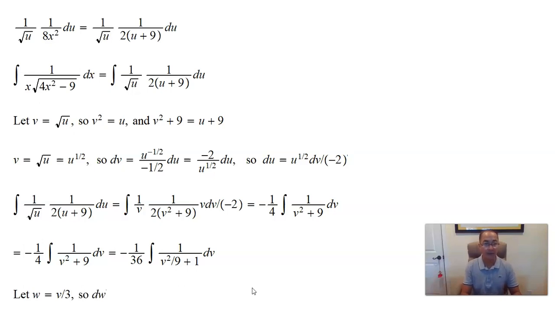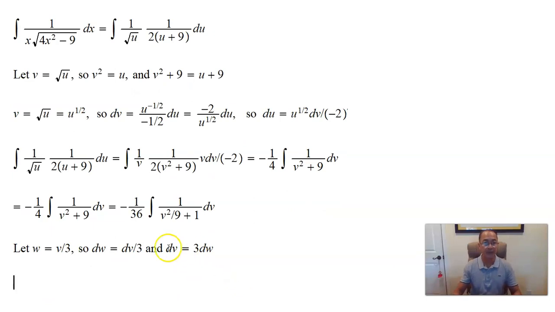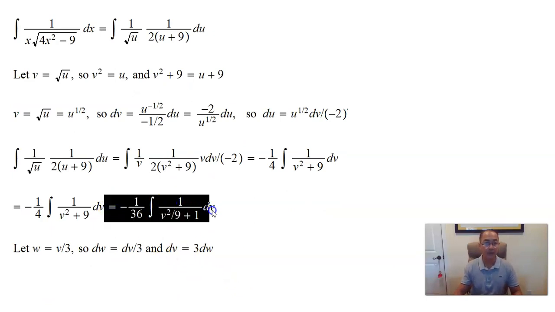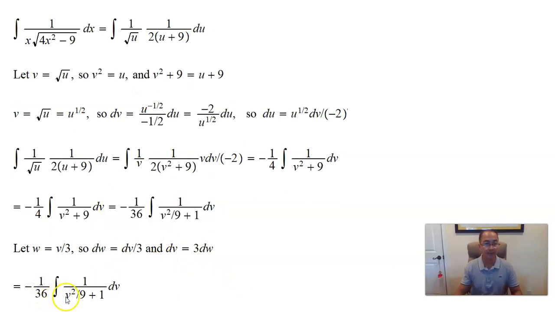So dw is dv over 3, and dv equals 3 dw. So this becomes v squared over 9 is w squared, dv is 3 dw.